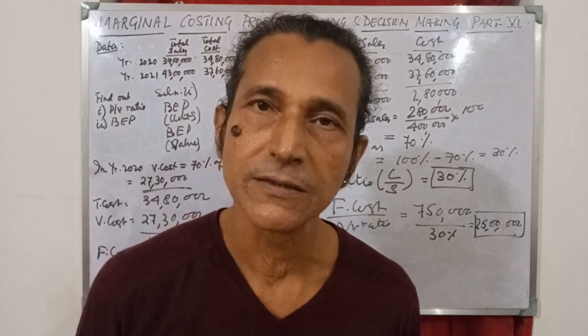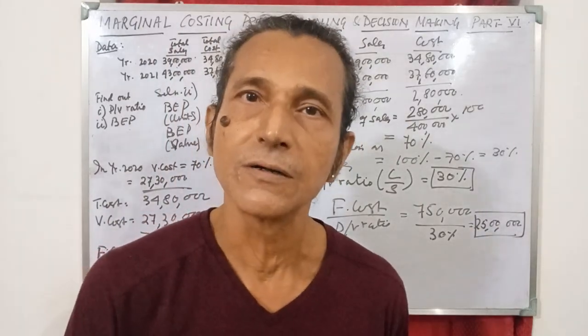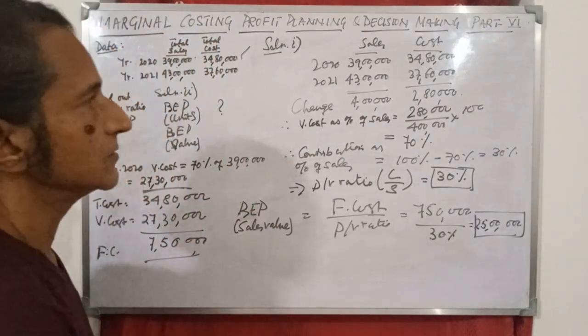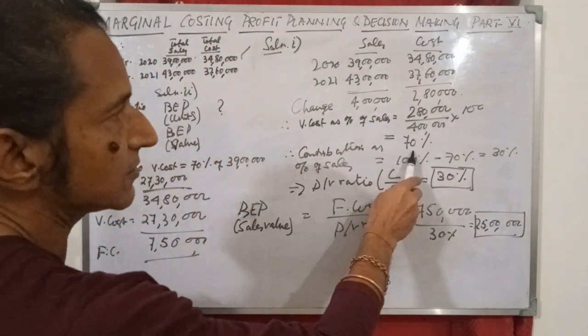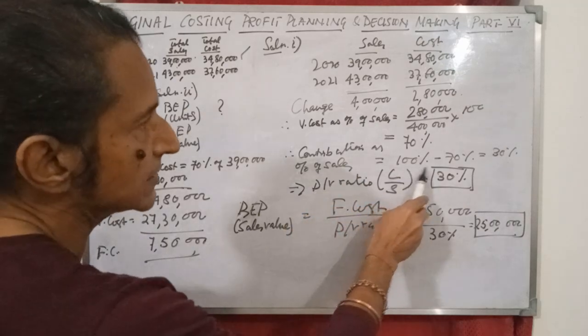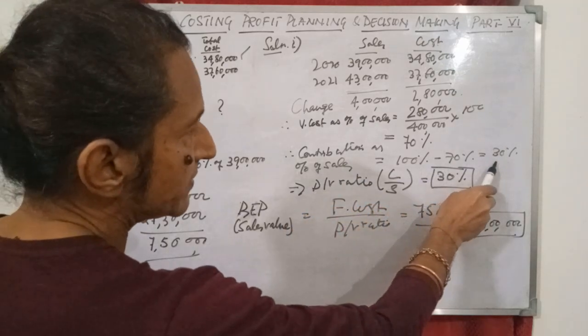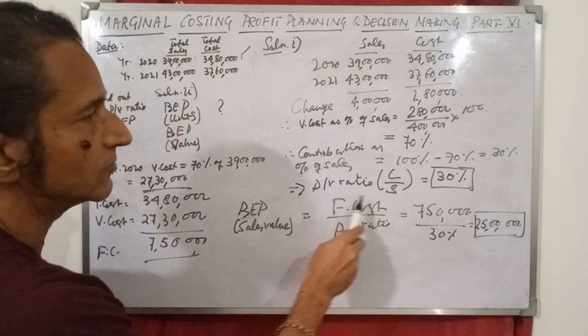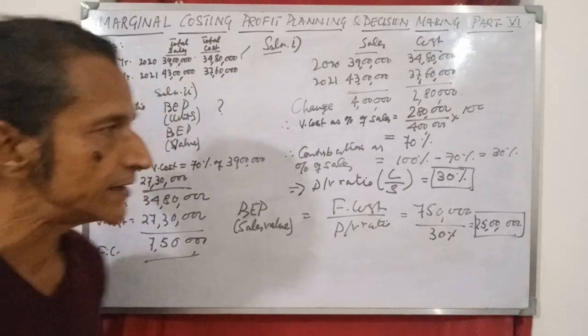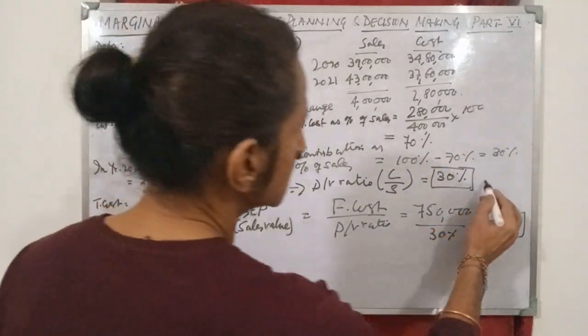Nevertheless, both of them will total 100%. So variable cost is 70% of sales. Therefore, contribution as percentage of sales is 100% minus 70%, that is 30%. So PV ratio, which is contribution by sales, is 30%. So here we complete solution 1.